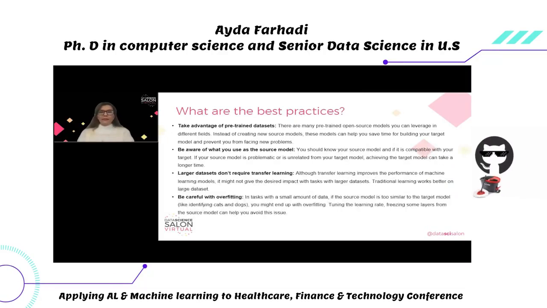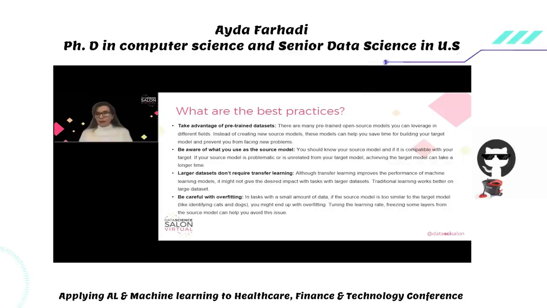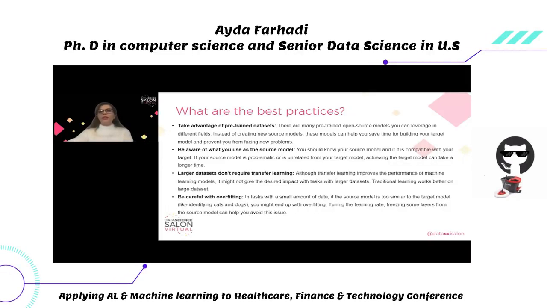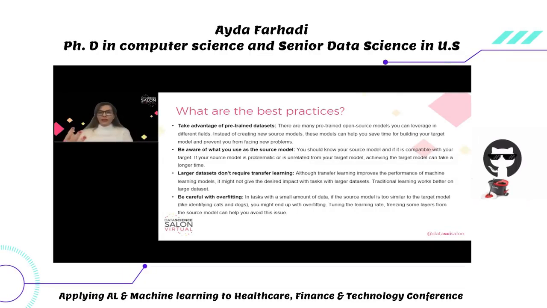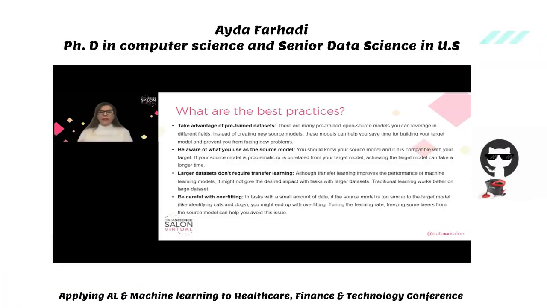The best practice for transfer learning is that when you have a pre-trained model available, try to utilize it rather than spending your time and money on training from scratch. That is highly recommended, and be aware of what your source model is, and if it is similar to the target model, there shouldn't be a lot of differences between them to make transfer learning possible and useful.